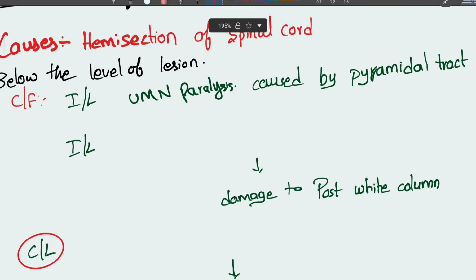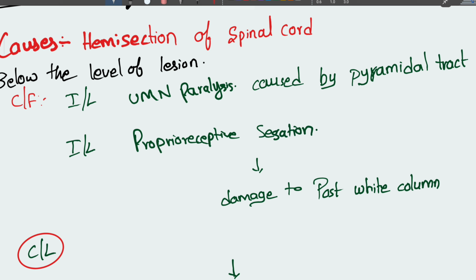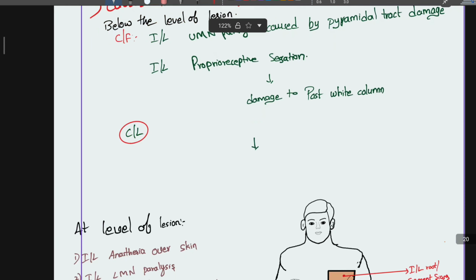Next, the posterior white column is gone. Here you will be seeing ipsilateral loss of proprioceptive sensations. Proprioceptive sensations are gone. It is also ipsilateral because the fasciculus gracilis and fasciculus cuneatus carry these.